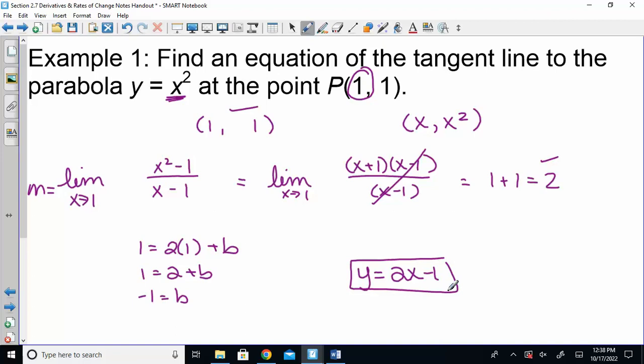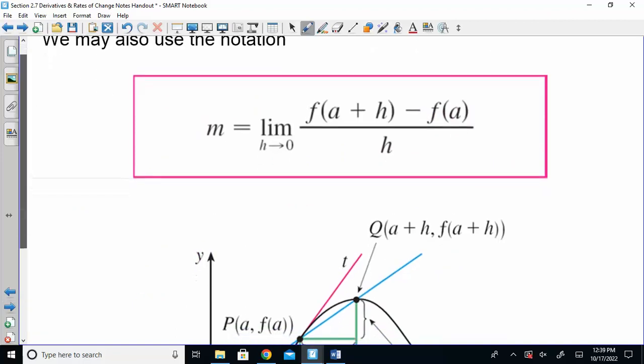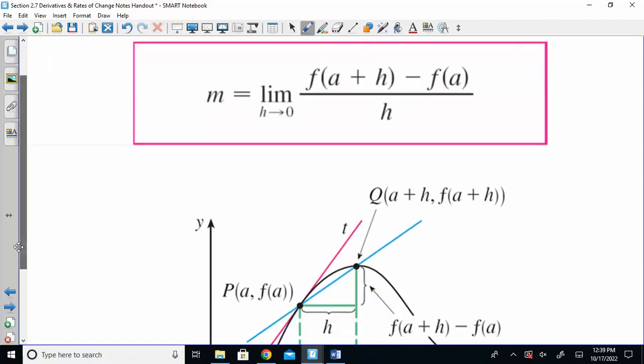So if I ask for the same tangent line at 2, you would have to start from scratch. And then if I ask for 3, you'd have to start from scratch again. So sometimes we'd like to be more generic and get a formula for what the slope of those tangent lines would be. Then we have the formula, and at the end I could just plug in whatever x's I want. So here is another notation for the same thing.